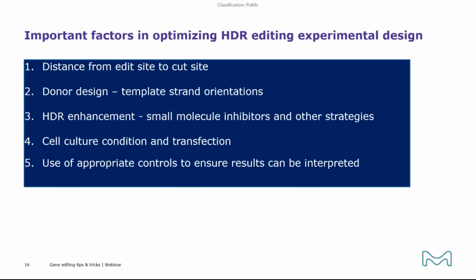However, this can be challenging, as you may not have a close-by PAM for nuclease target binding. The gene editing community has been trying to address this issue by developing Cas9 variants with relaxed PAM requirements, or Cas9 orthologs that use different PAMs.